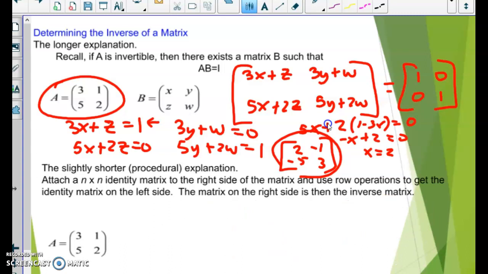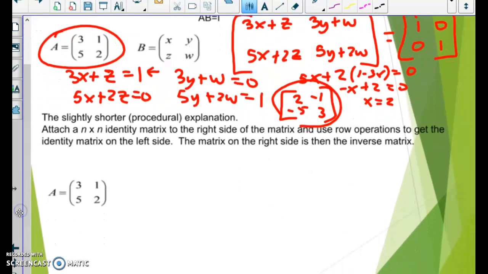And a slightly shorter procedural explanation: attach an n by n identity matrix to the right side of a matrix and use the row operations to get the identity matrix on the left side.